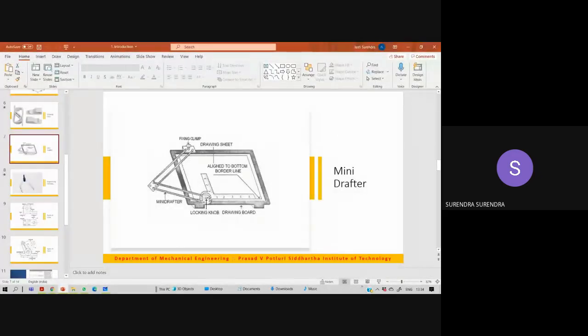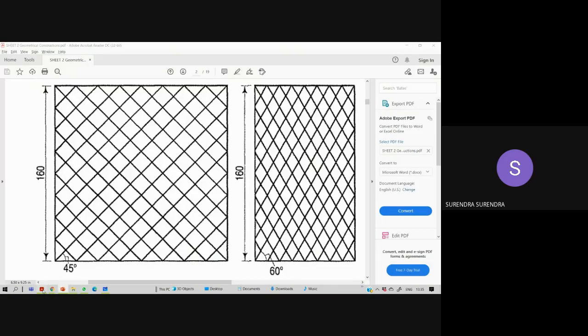And suppose you loosen this screw. So next, when you want to draw an inclined line, in case. Suppose if you want to draw any inclined line, loosen this locking knob and you can rotate the scale. Rotating the scale, you can fix the scale in the desired orientation. Suppose here what we require is the lines at 45 degrees.